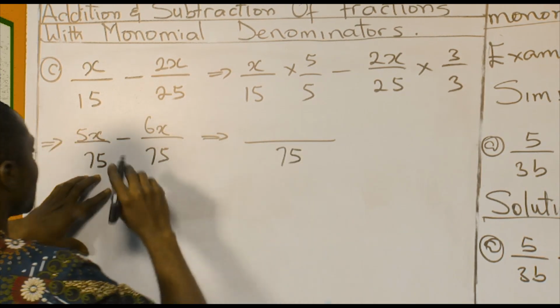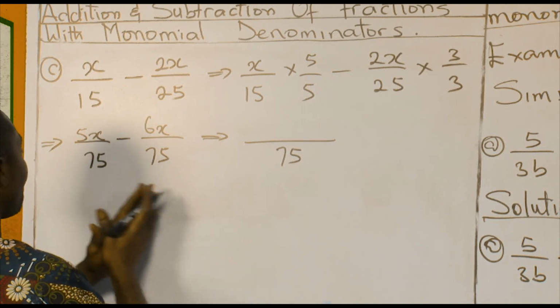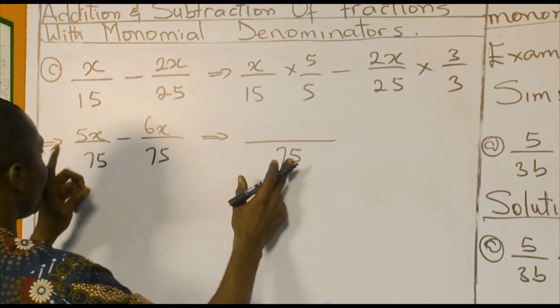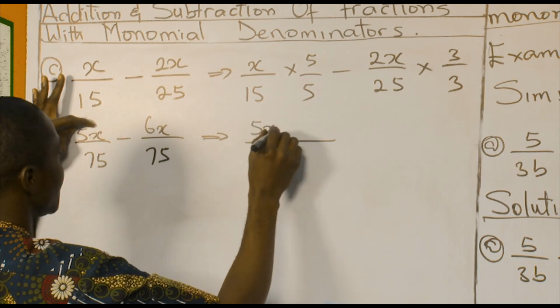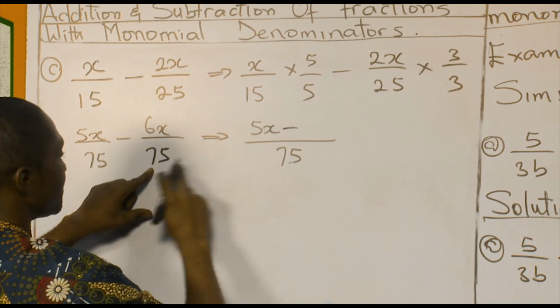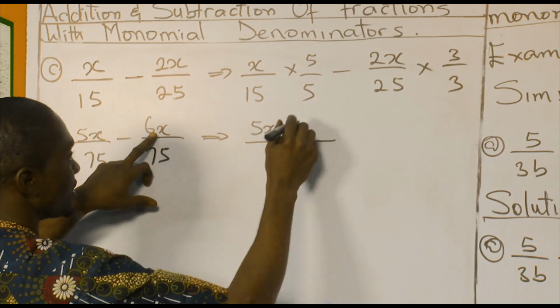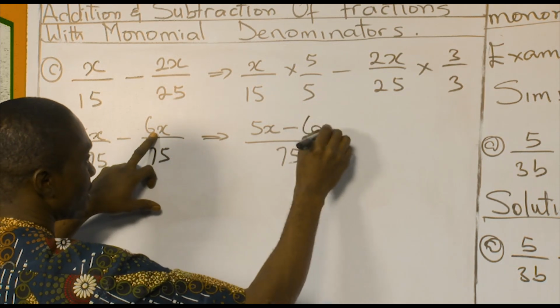We have the common denominator, this is the LCM. So 75 into 75 is 1, multiplied by 5x will give us 5x. Minus sign, 75 into 75 is 1, multiplied by 6x will give us 6x.